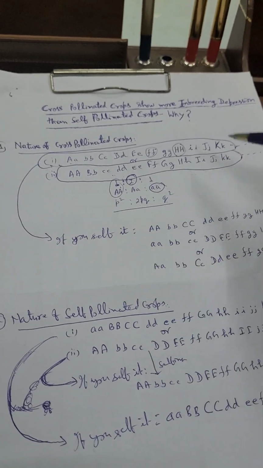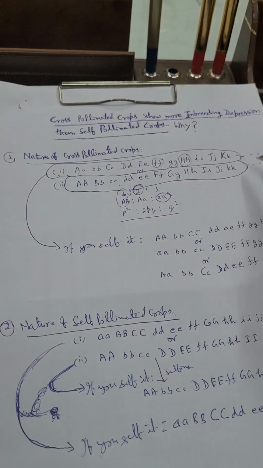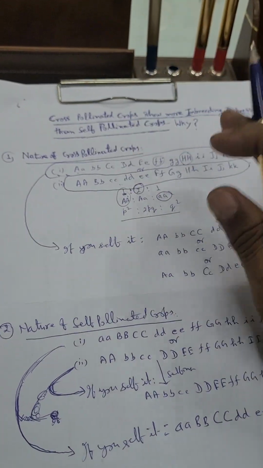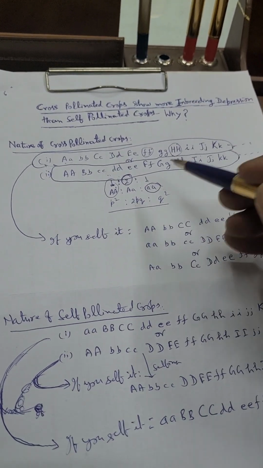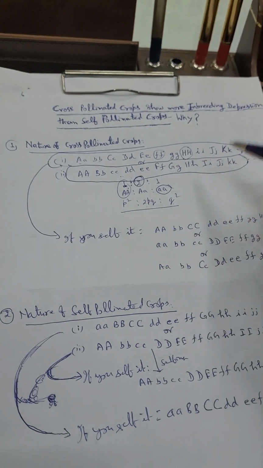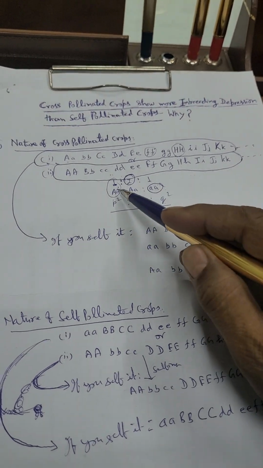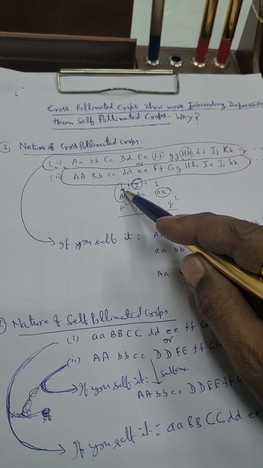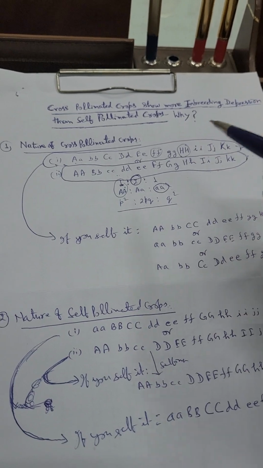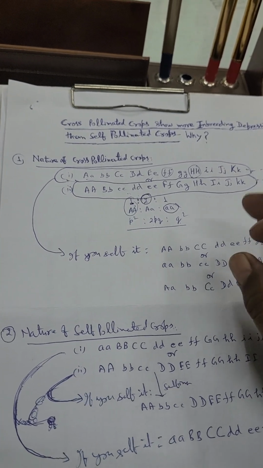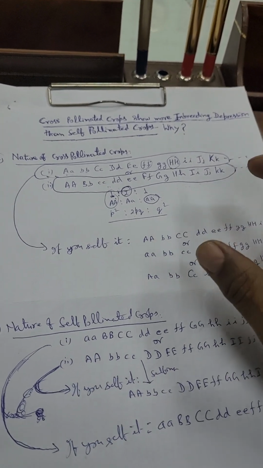If you are following the Hardy-Weinberg equilibrium, they will be in this situation. You will find this type of genes preserved, in equilibrium status, maintaining the 1:2:1 ratio. But here you try to understand that cross-pollinated crops are heterozygous in nature.